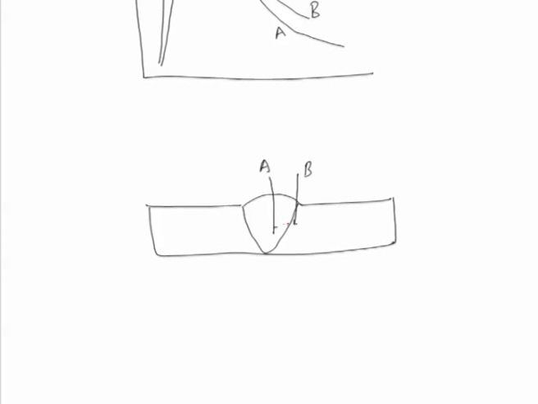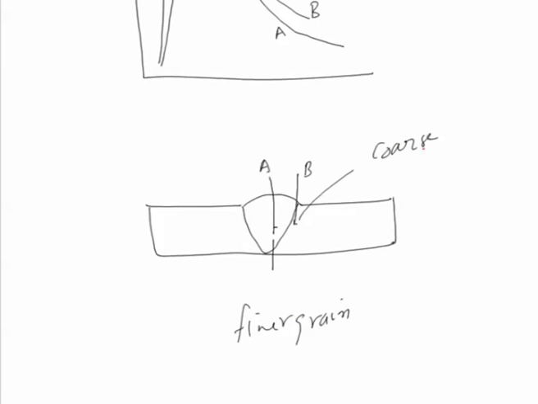So, a higher solidification rate in the weld center results in a finer grain structure in the weld center, and coarse grains in the region near the fusion boundary.